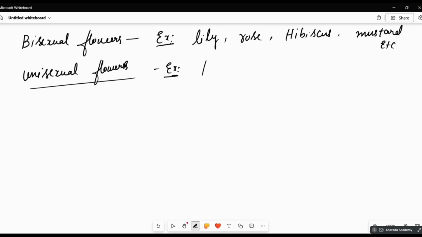Example: papaya, watermelon, mango. All these come under unisexual flowers. That means they have either the male or the female reproductive part of the flower.